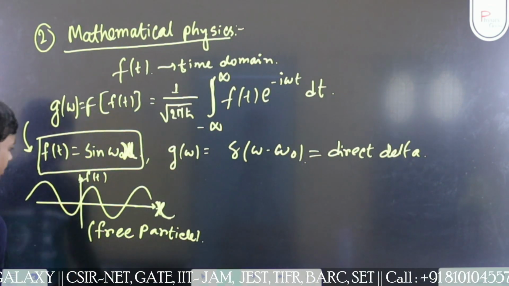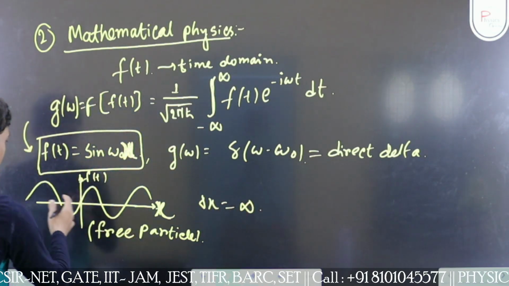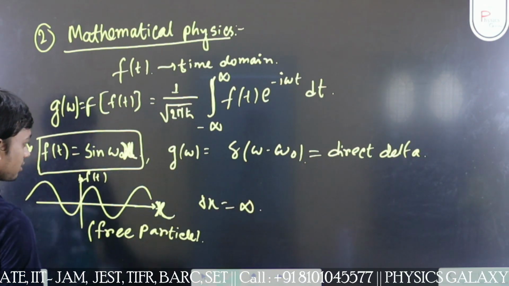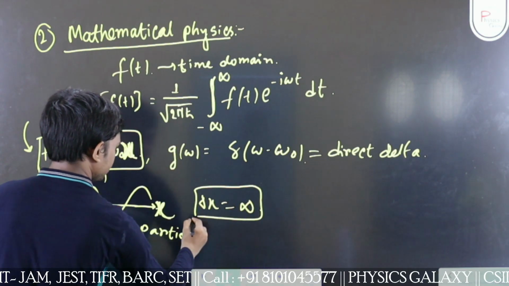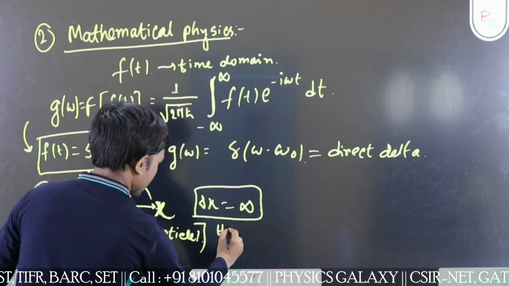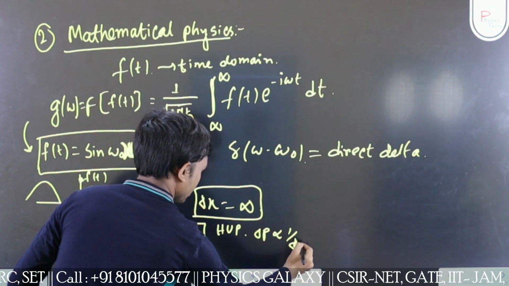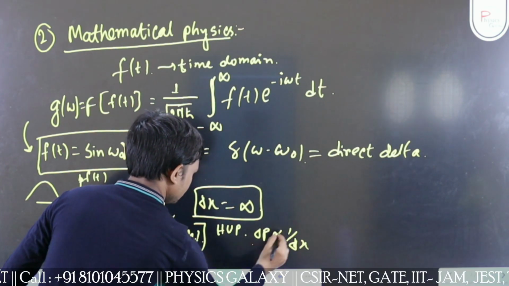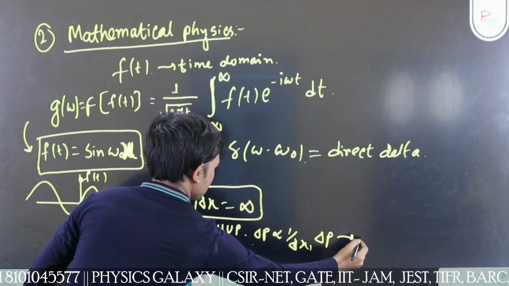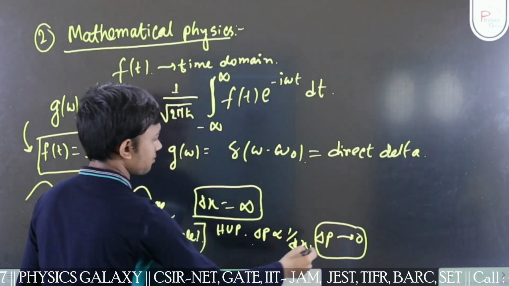The position uncertainty is infinite. It means the particle will exist all over the space with the same probability, and we know from the Heisenberg uncertainty principle that delta p is proportional to 1 by delta x, so delta p tends to 0, which means there will be a sharp value in the momentum.